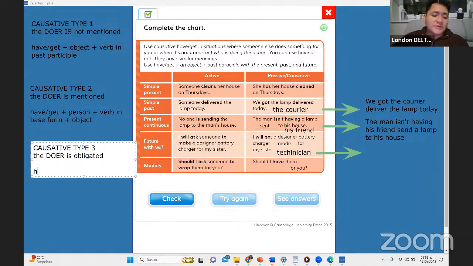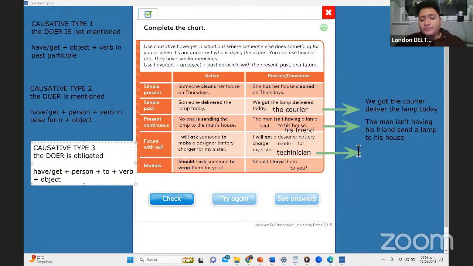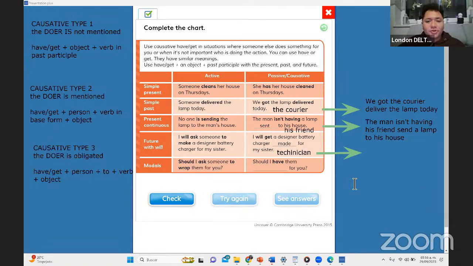Okay, so in this case, the structure is very similar. We use have or get, then person, then we use to and the verb in base form, then the object. Let's say, for example, someone has to do something for you.